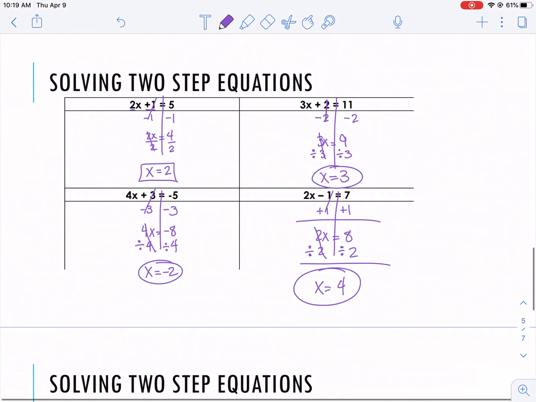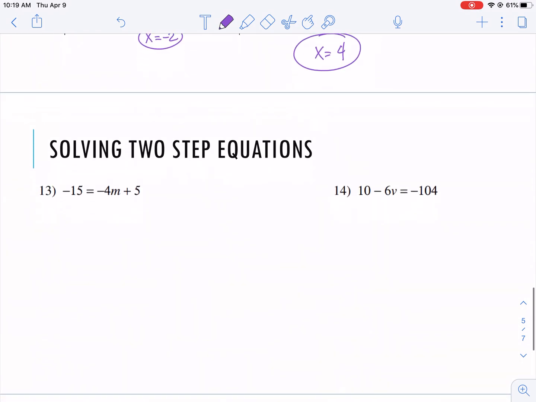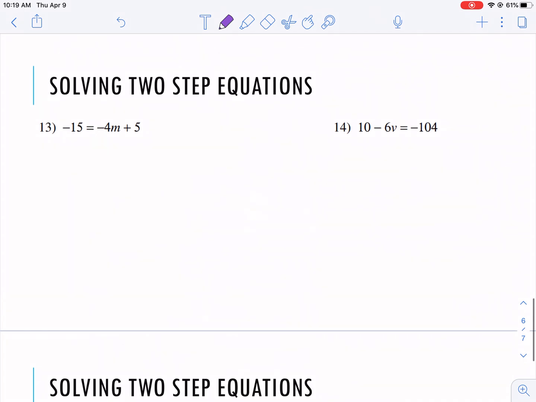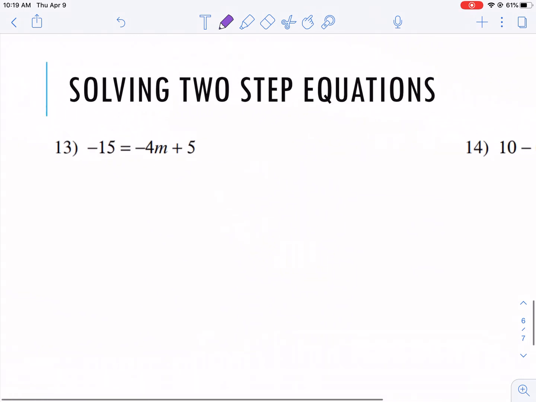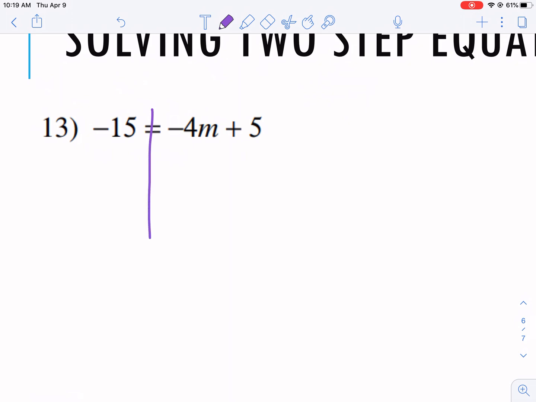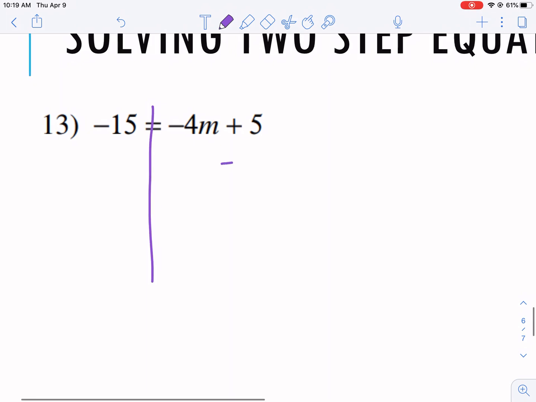So that was solving those types of two-step equations. We just have a couple more examples to do. All right, so if I look at this one again, like I said earlier, it doesn't matter what side the equal sign is on. The variable is on the equal side, so we subtract 5.